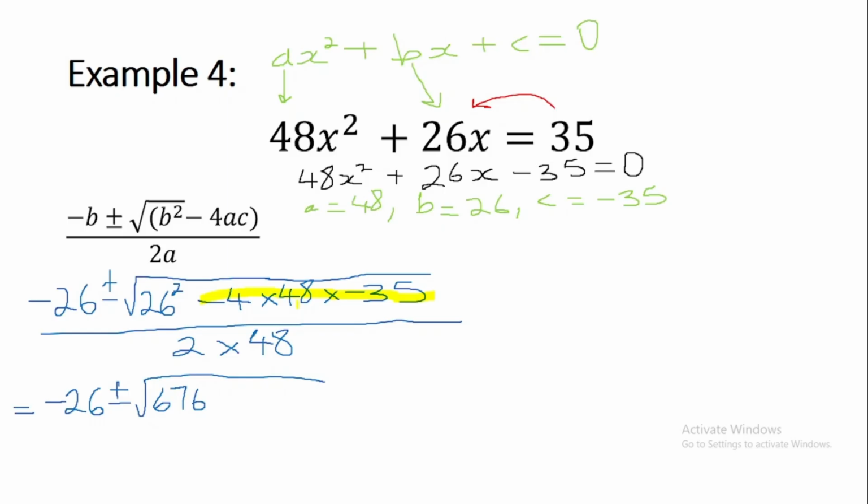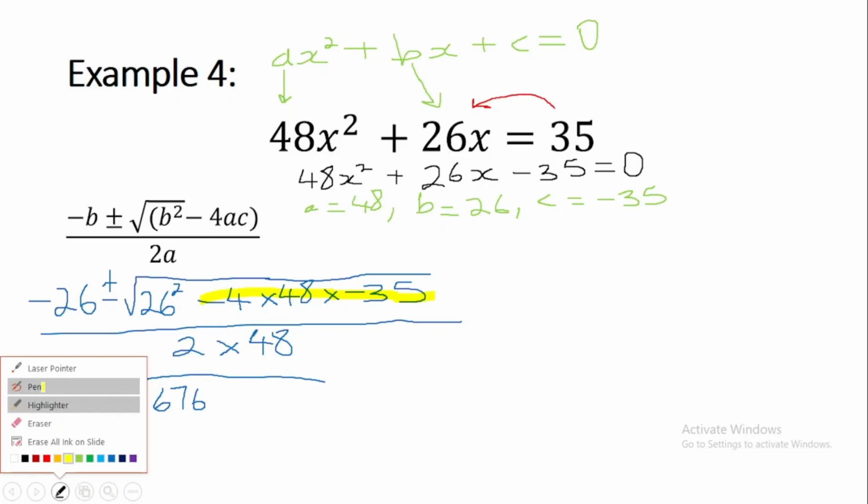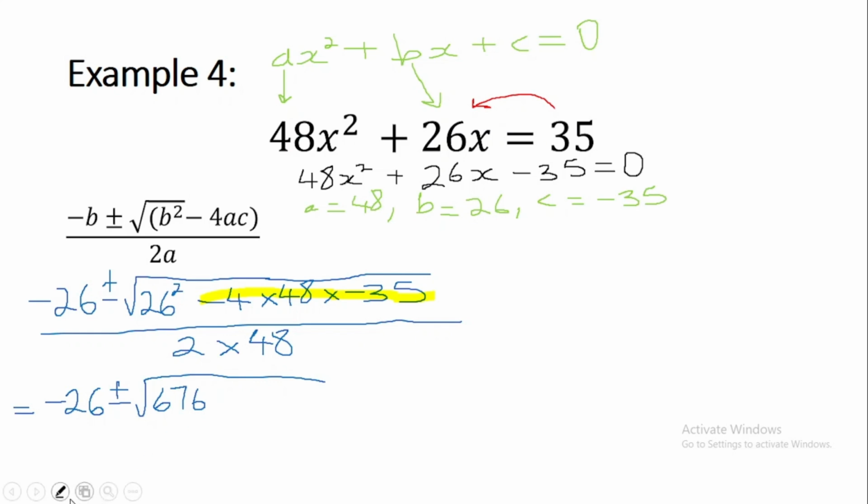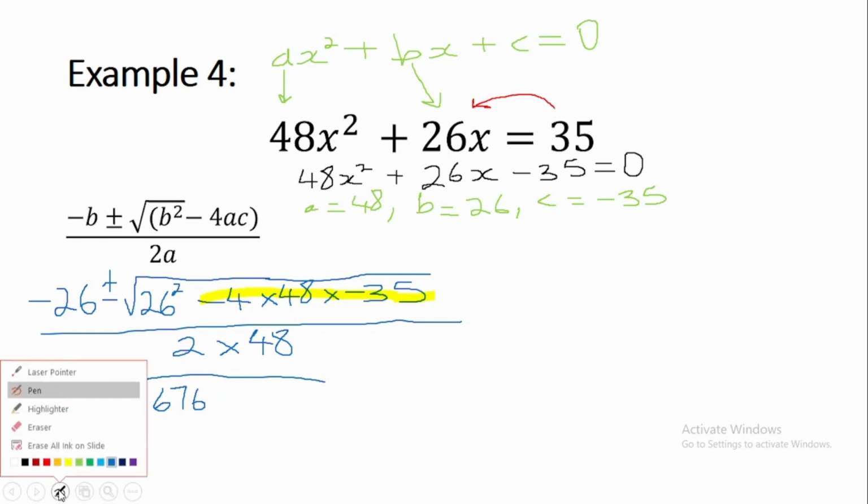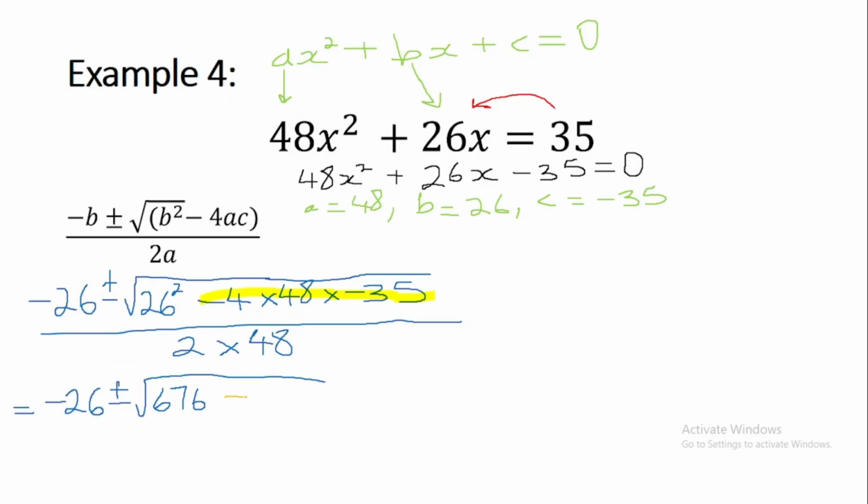Negative 4 times 48 gives me a negative number, equal to negative 192. Times negative 35, that's going to be equal to a positive 6,720.